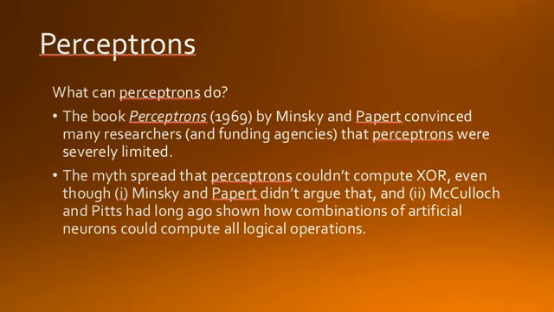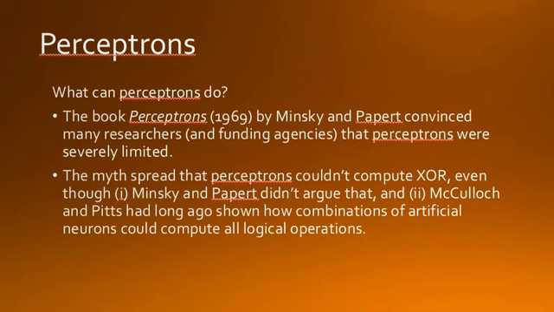If you find out that this thing can't compute XOR, you're going to think, well, I can compute XOR, so this can't possibly model the mind, and we don't want a system that's that limited. And if we're not trying to model the mind, but we want something to do something intelligent, you don't want to use something that couldn't possibly compute XOR. So the interest in these things, based on this myth, faded.